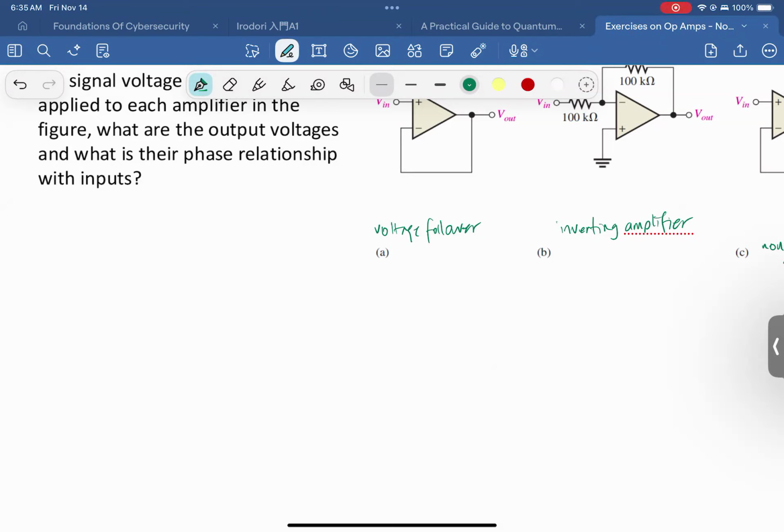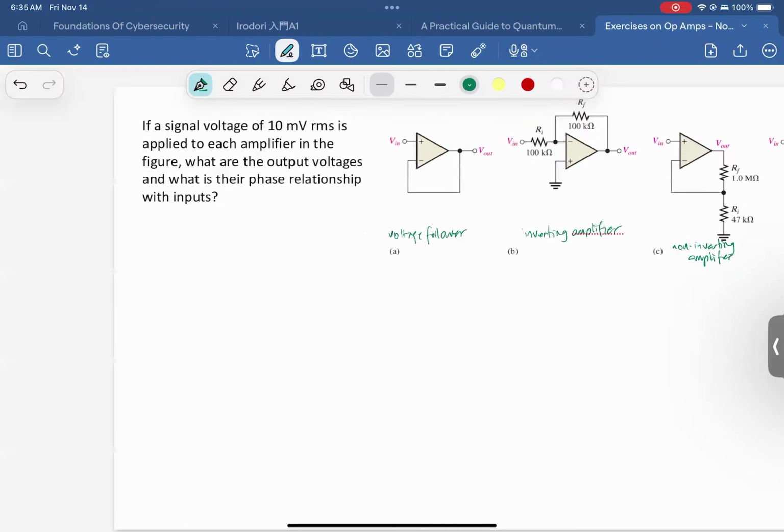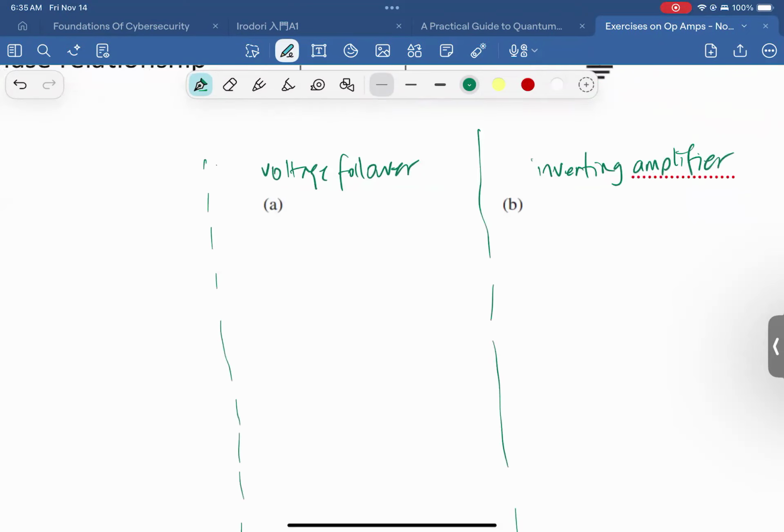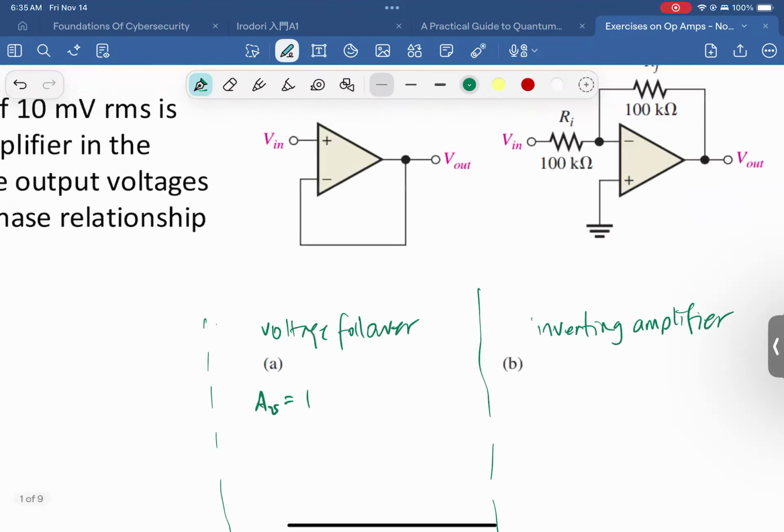So for letter A, okay, paano natin gagawin to? Sige, try natin kung kasya dito. So for letter A, since ang voltage gain ng voltage follower is 1, then yung V out ay equal sa V in.